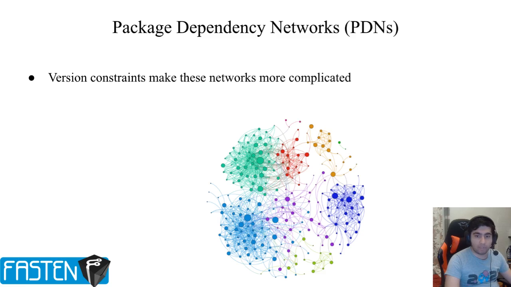And if a security vulnerability exists in, let's say, one of the packages in these networks, then other nodes or packages will be affected by that vulnerability. Or if there are license violations in some package, then the packages that depend on that particular package will be affected as well.